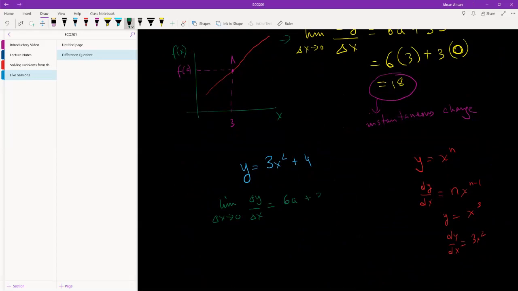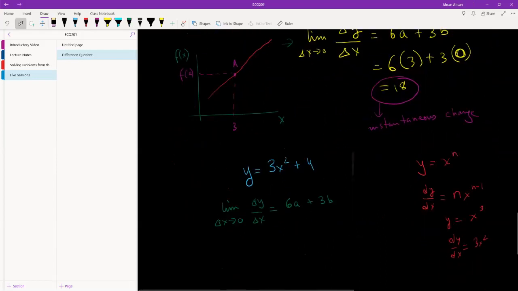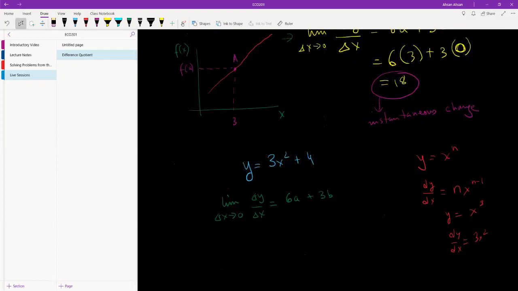6a plus 3b. What we had also realized is that if we are imposing the limit that change in x will approach 0, then b would become 0. As a result, what we end up with is just 6a, right?